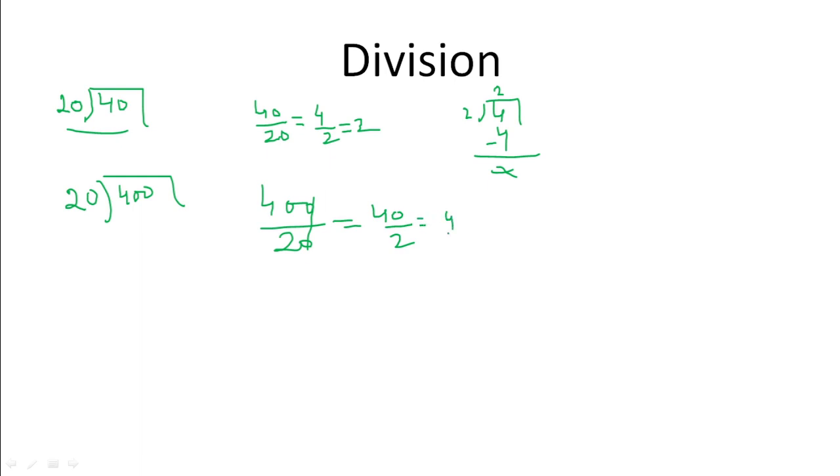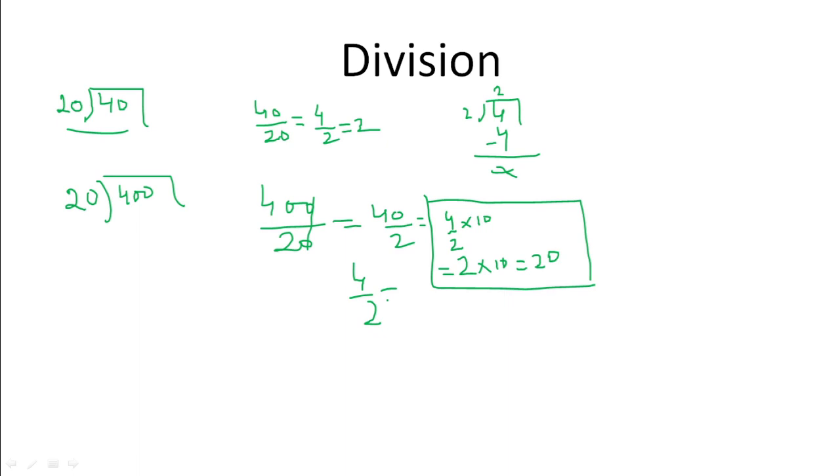So it is 4 divided by 2, and for this 0 we can write multiply by 10. 4 divided by 2 is 2, into 10, that is 20. Here 40 divided by 2 means 4 divided by 2, that is 2, and we have left this 0 as it is, so we will use this 0 here only.